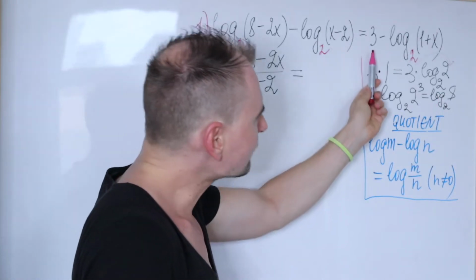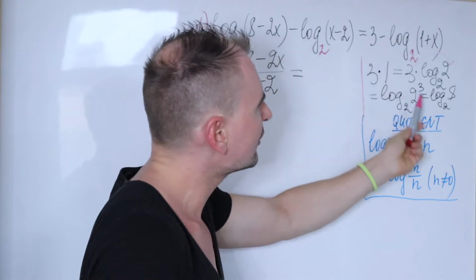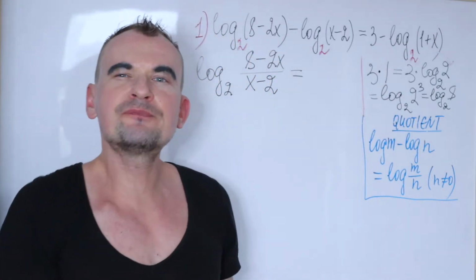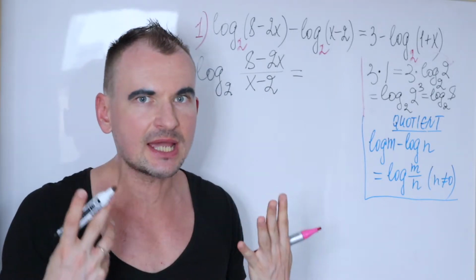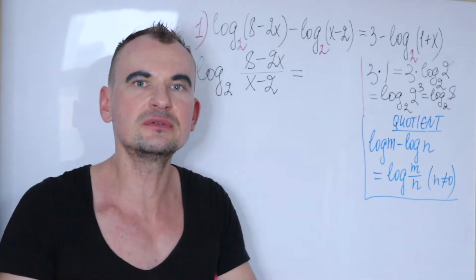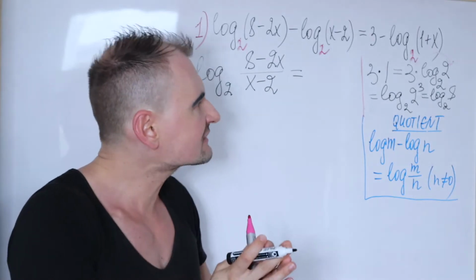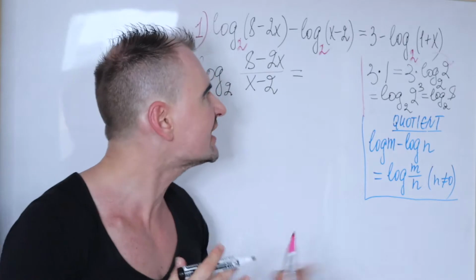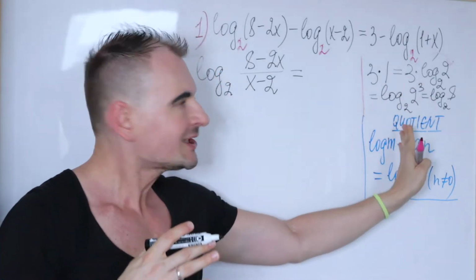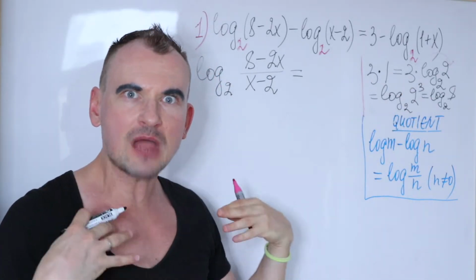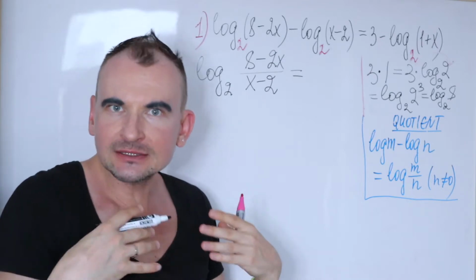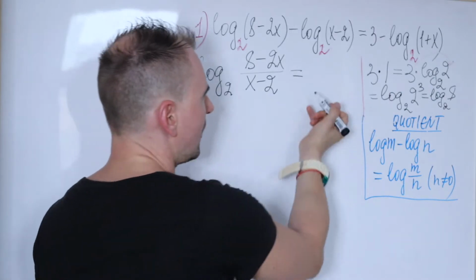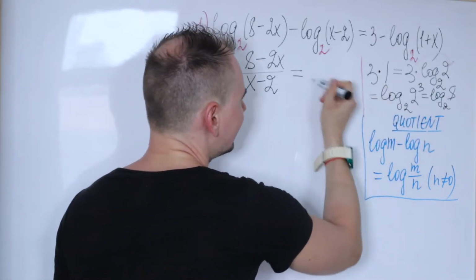Anyway, I'm going to replace this 3 with log base 2 of 8, or if you can figure out these things in your head, more power to you and go ahead. But sometimes it's not that obvious, and sometimes it might be a little bit tricky. So this is a ninja trick that I always use, and if it comes to this, you can also use it.